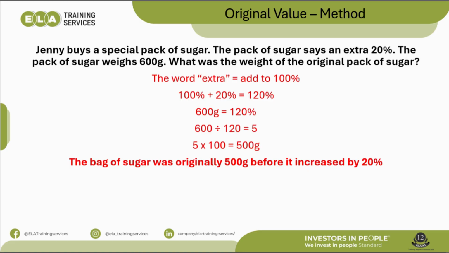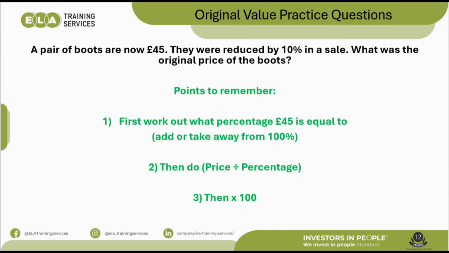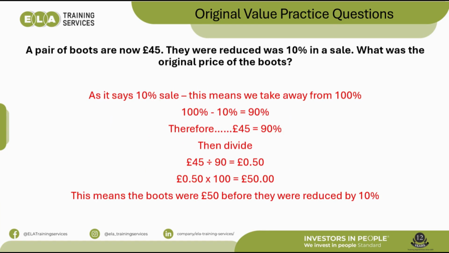Let's do some practice questions. A pair of boots are now £45. They were reduced by 10% in a sale. What was the original price of the boots? Pause the recording whilst you work it out. Welcome back. As it says 10% sale, this means we take away from 100%. 100% minus 10% equals 90%.